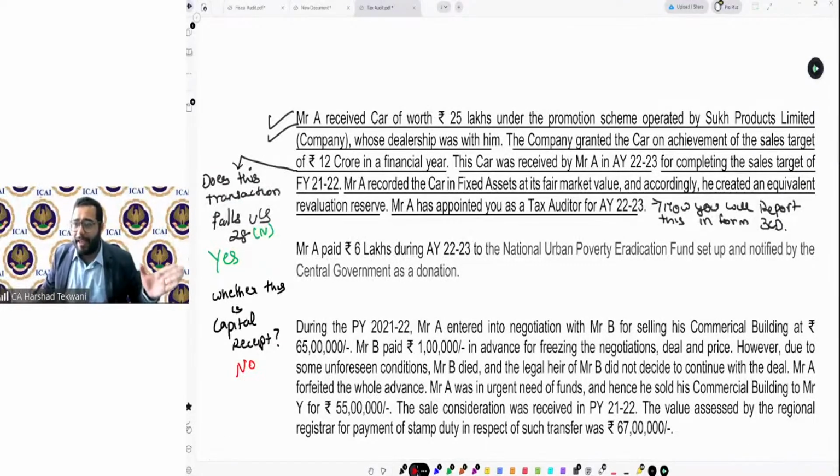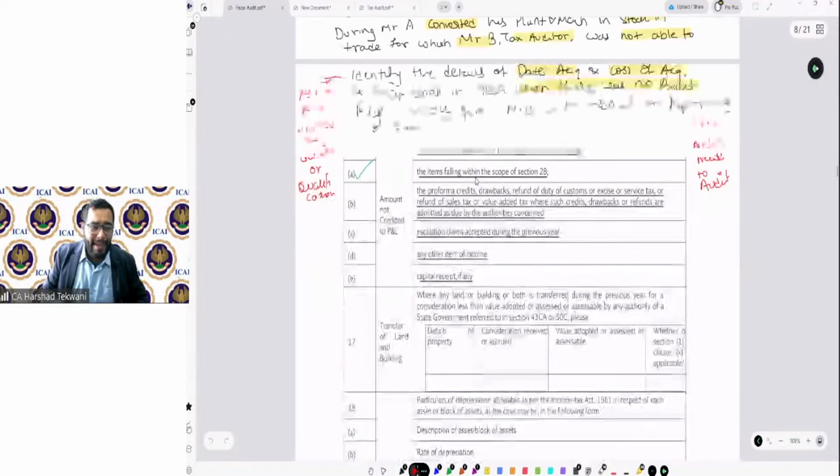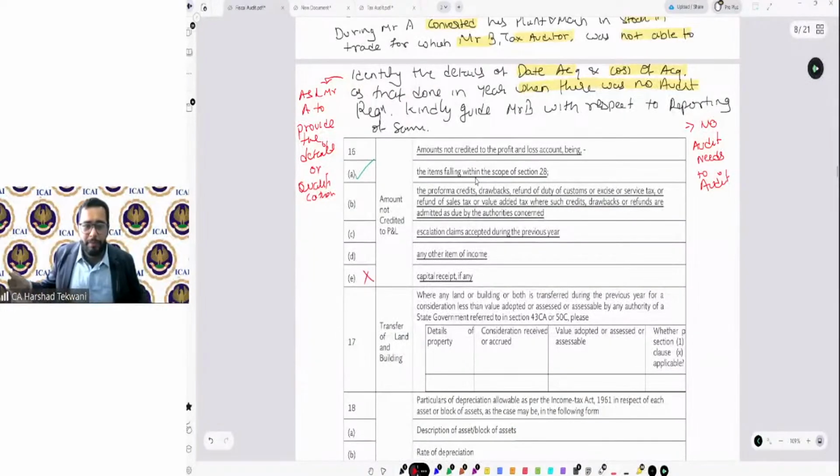A capital receipt is where I have received an amount, in cash or in bank, a monetary amount. But here it's not a receipt, it's a receipt of a capital asset. That's different. So this is not a capital receipt, and therefore it will not be part of 16E. Done. Good. Great.